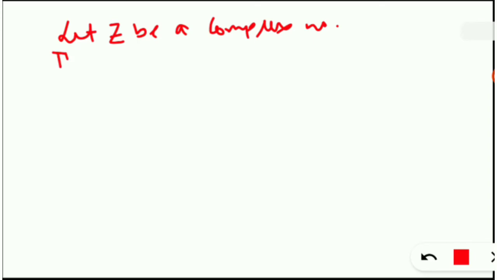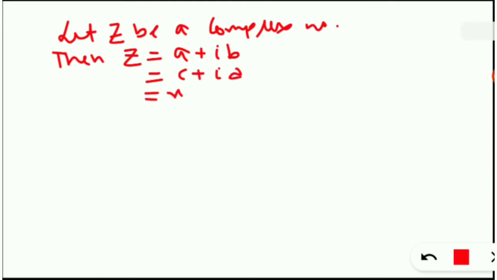Now students, if we let z be a complex number, then z can be written as z equals a plus ib, or c plus id, or x plus iy. Okay, you can write any of these three forms. Or you can write a1 plus ib1, no problem.